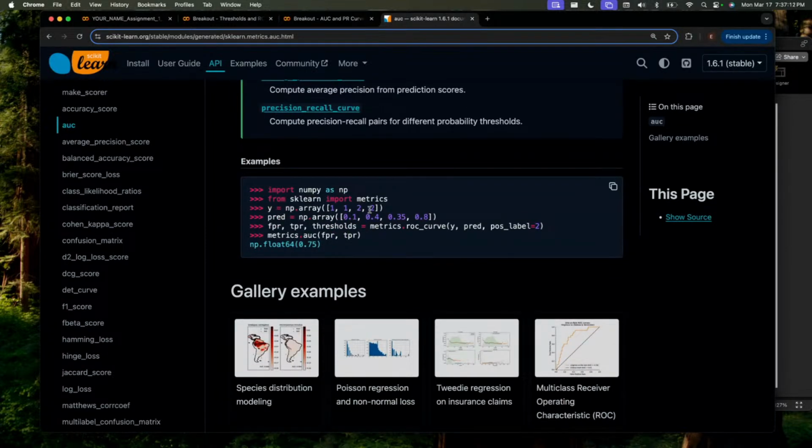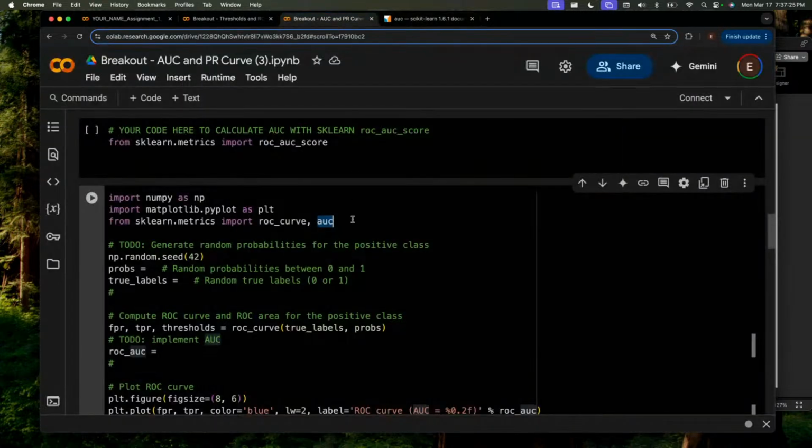We have Y here, we had pred. From roc_curve, metrics.roc_curve, we can just call metrics.auc with the true positive rate and false positive rate.